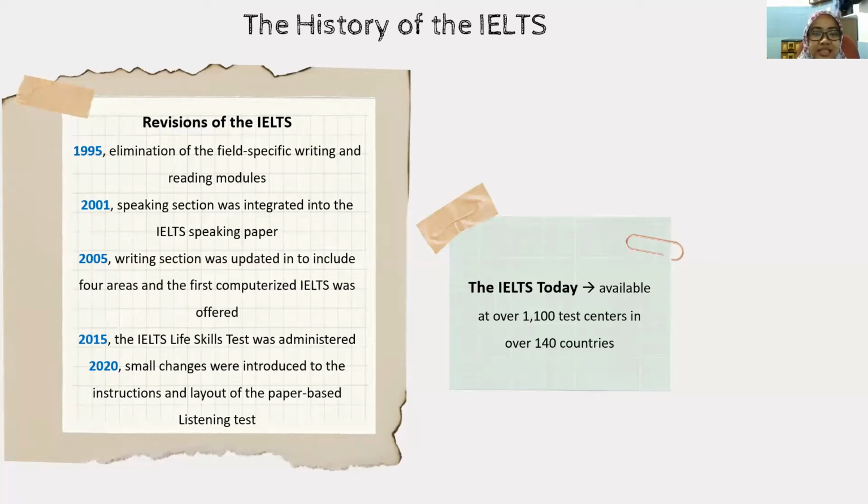Recently, in 2020, small changes were introduced to the instructions and the layout of the paper-based listening test. Today, the IELTS is available at over 1,100 test centers in over 140 countries.